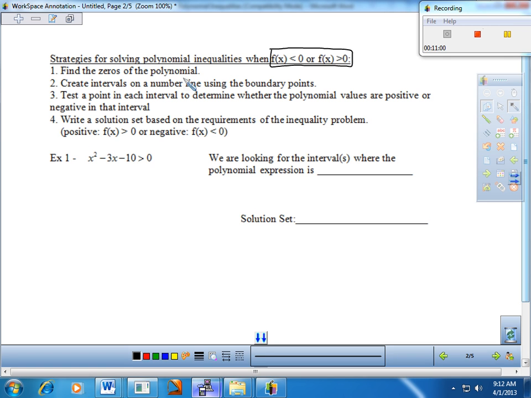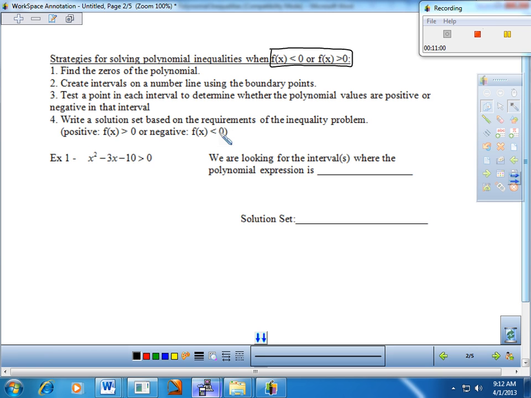So what would possibly separate positive versus negative? Then we're going to create some intervals on a number line using boundary points. We're going to do a little testing in each interval to determine whether they're positive or negative. And then the key, guys, is write a solution set based on the requirements of the inequality. So remember, we're looking for positive if we have greater than 0, negatives if it's less than 0.